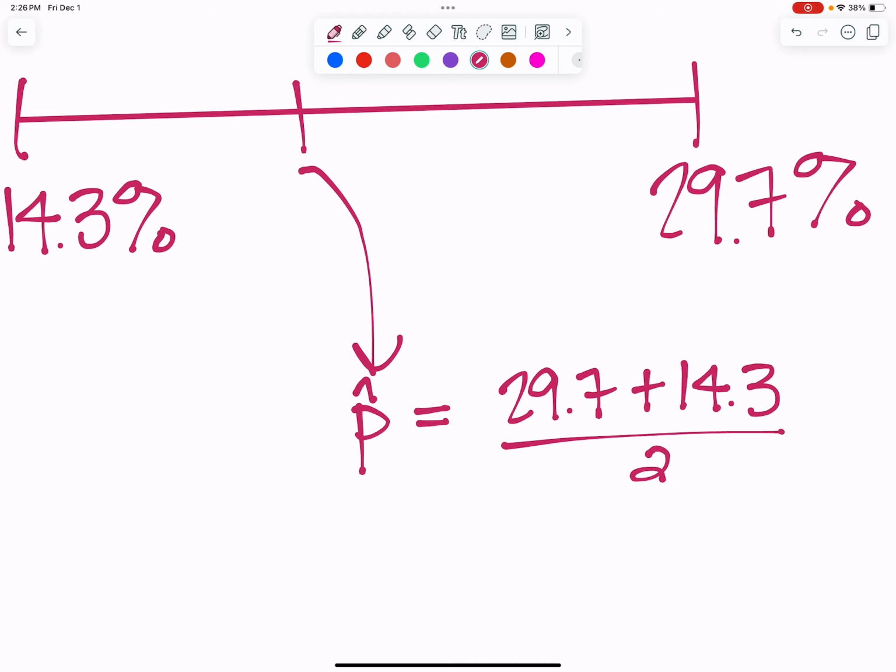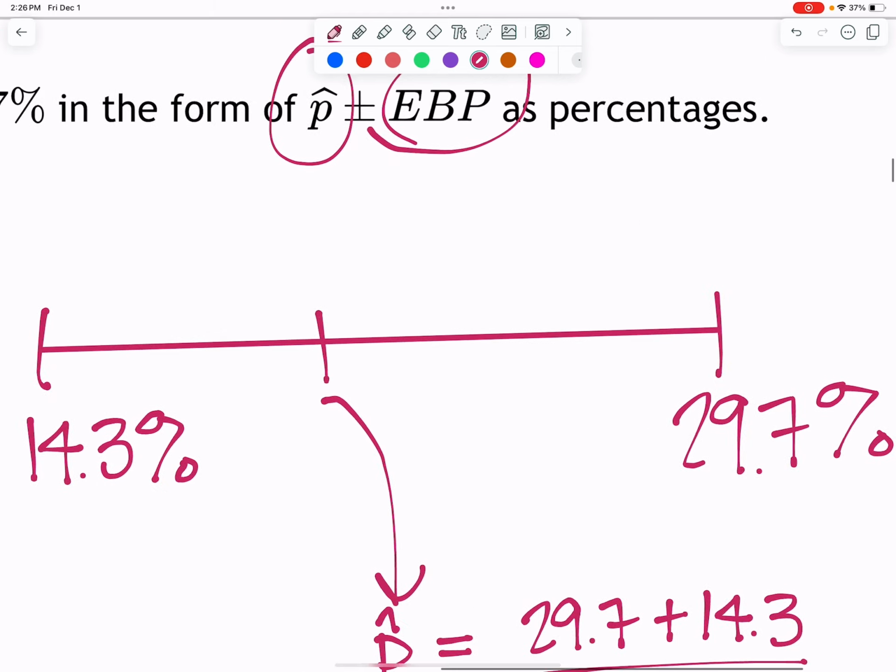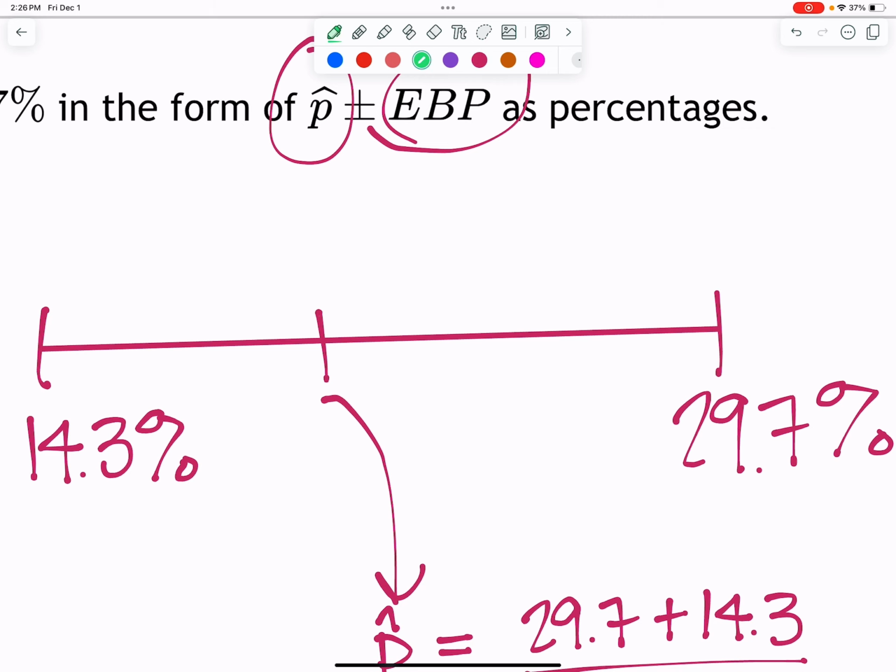Let me go use my magical off-screen calculator. The average of 29.7 and 14.3 divided by 2 is 22, which is super awesome. They've thrown us a bone because we don't have to worry about rounding.